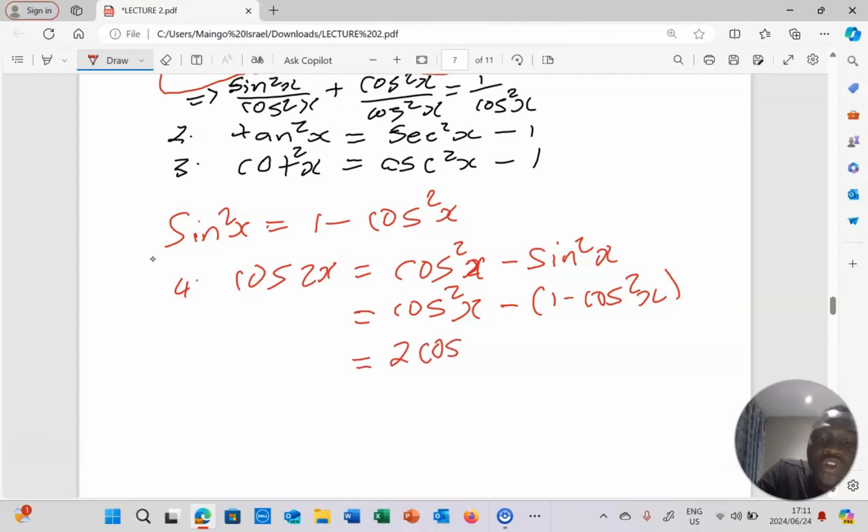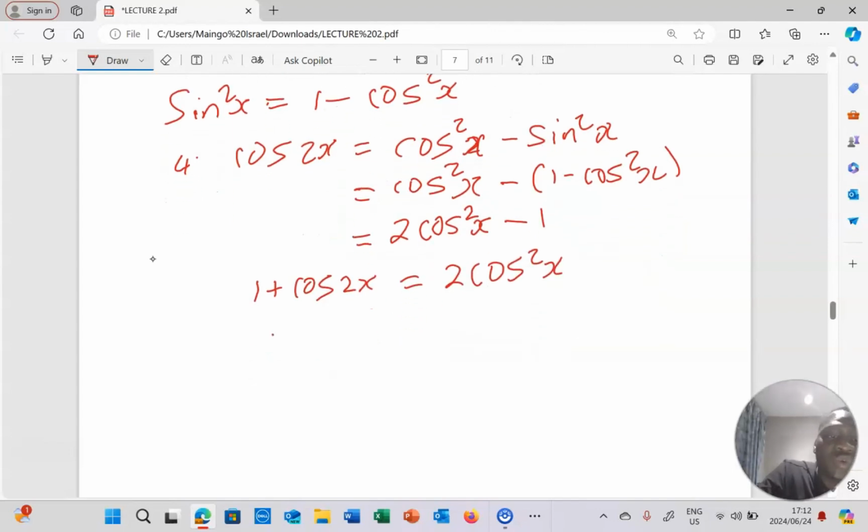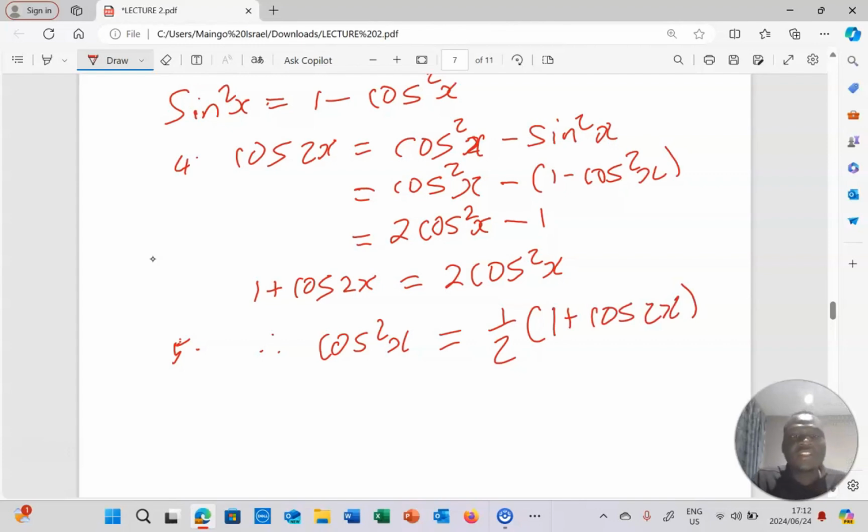It will be 2 cos squared of x, then minus 1. So we can take this one to this side, then we have 1 plus cos 2x equals 2 cos squared of x. When you divide by 2, we then have identity number 5, which is cos squared of x equals 1 over 2 into 1 plus cos 2x. This is the other law.